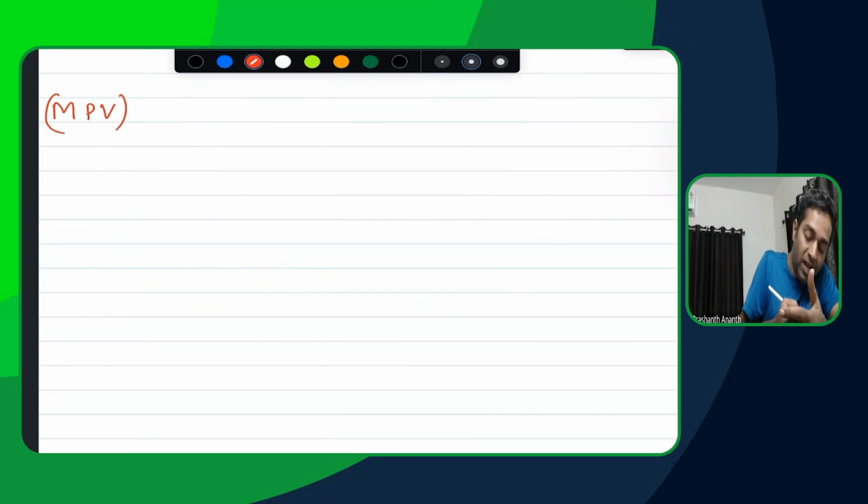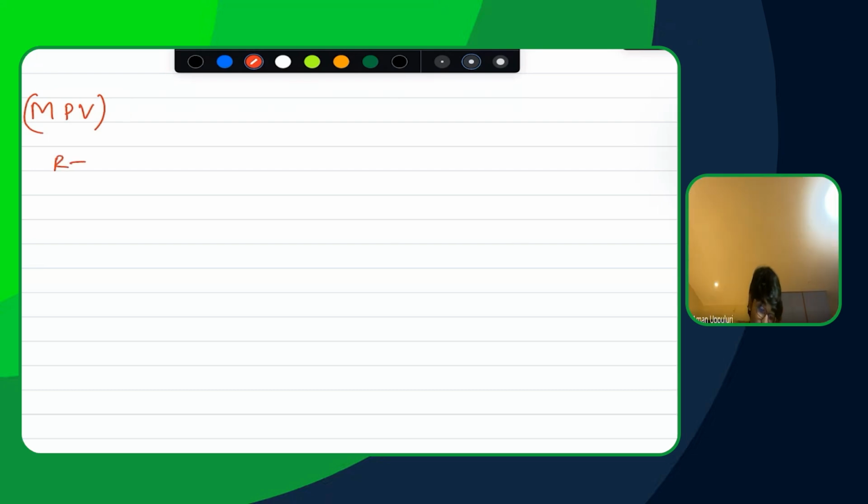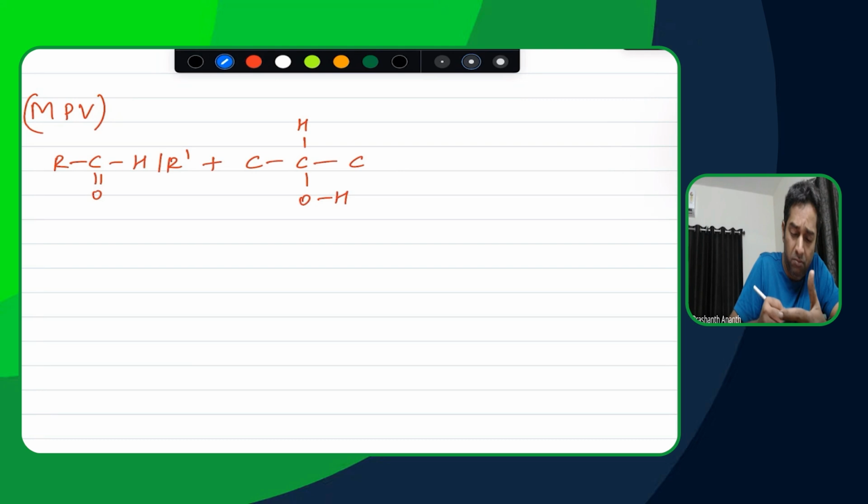So give me the reaction you have learned now. A ketone or aldehyde plus this isopropyl alcohol, plus this aluminum isopropoxide, equilibriums to this.